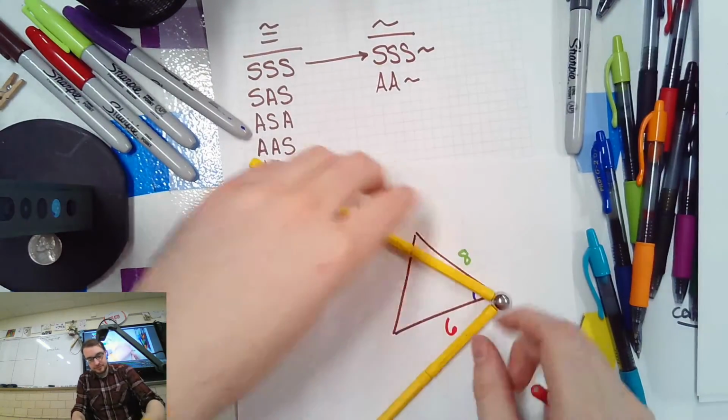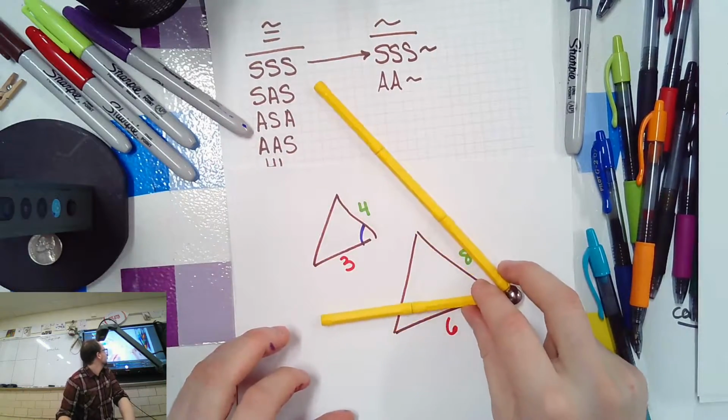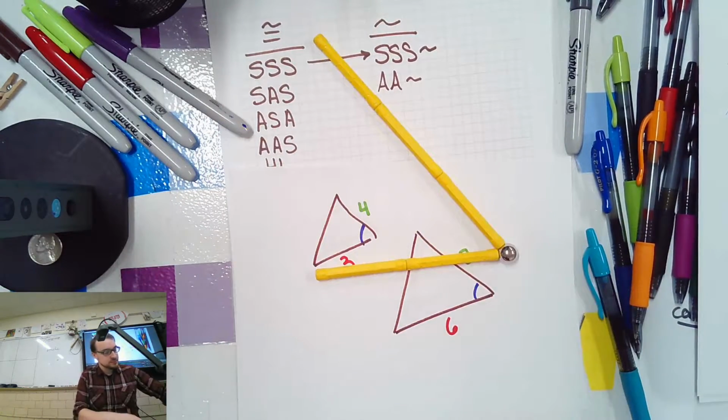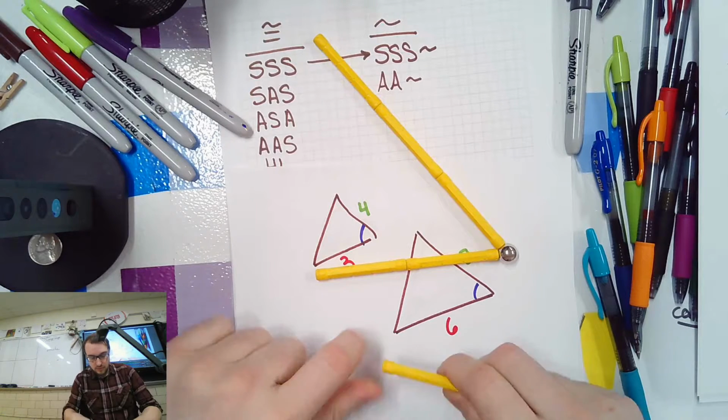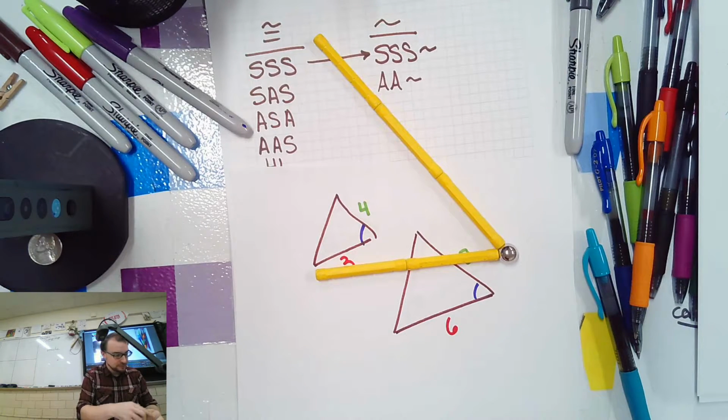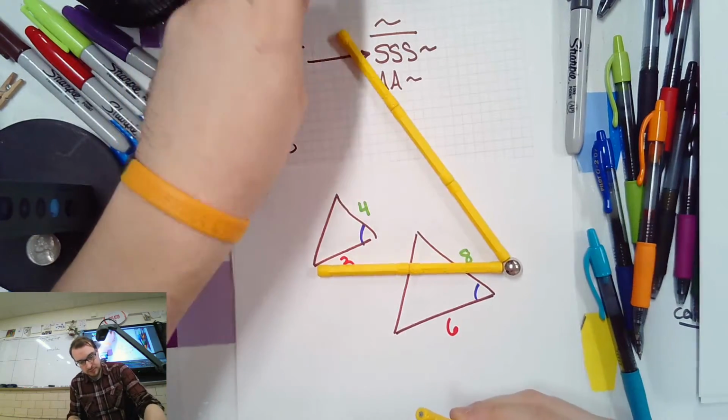Here's a triangle, okay, with a certain angle. Here's another triangle with proportional sides. Let's make this work.